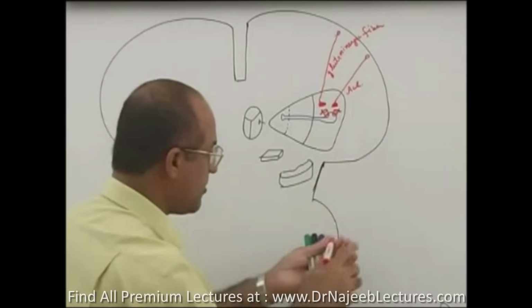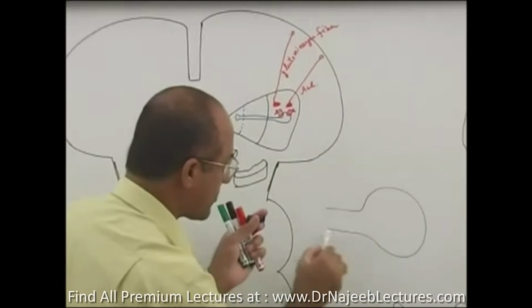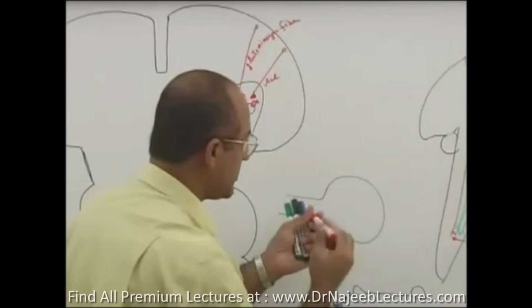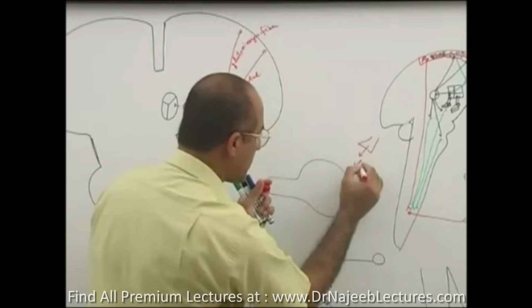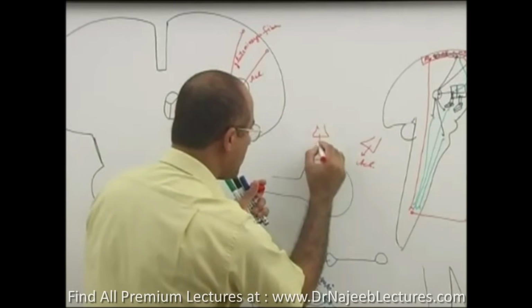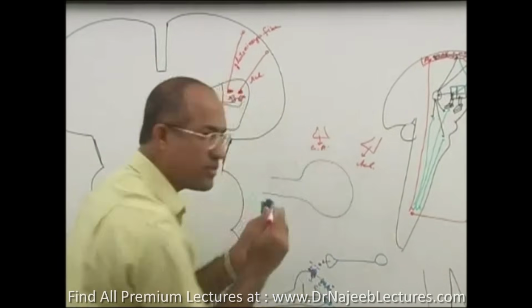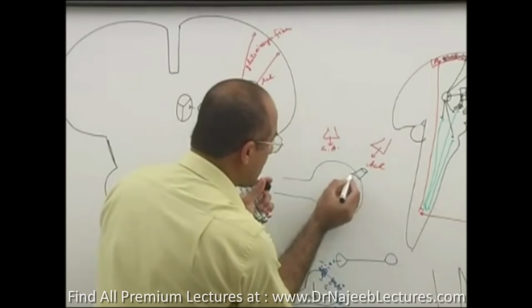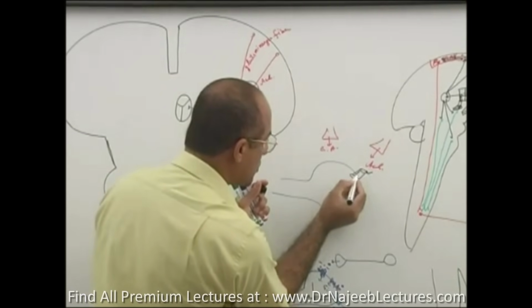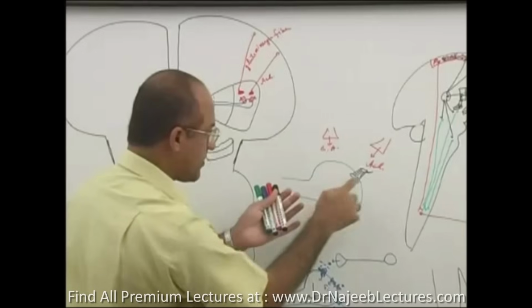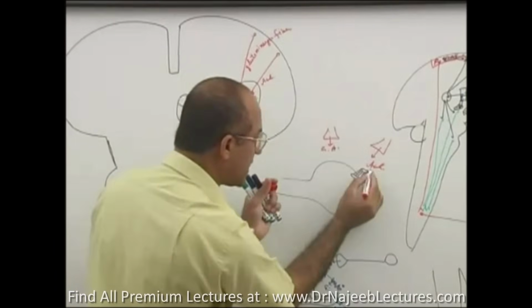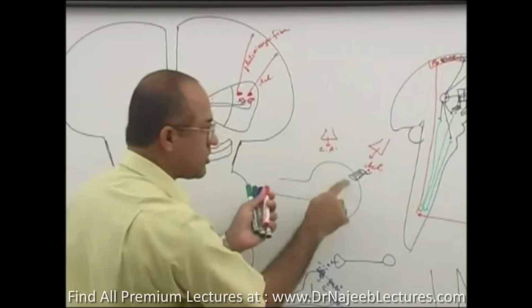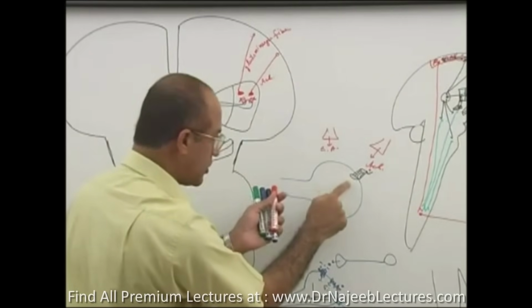Acetylcholine, I will make this neuron here. This is acetylcholine coming out, and here what is coming out? Glutamic acid. This acetylcholine has channels coupled with what? Sodium. Whenever acetylcholine binds here, this channel opens, and this channel is a sodium channel.